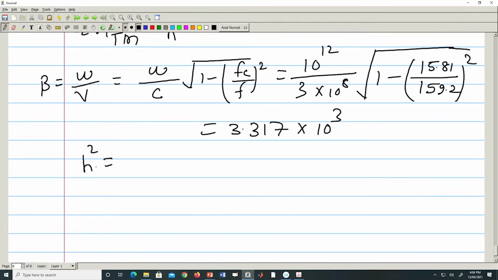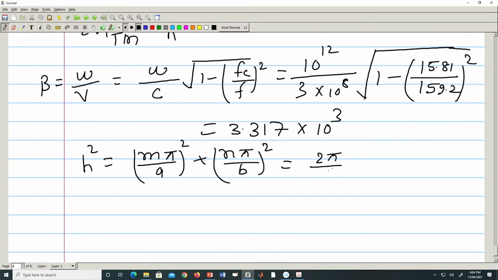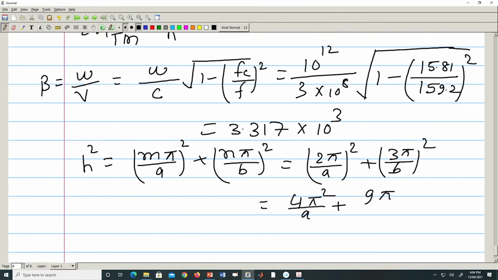And h square will be gamma square plus k square, that is equal to kx square plus ky square, that is equal to m pi by a whole square plus n pi by b whole square. This will be 2 pi by a whole square plus 3 pi by b whole square, which gives 4 pi square by a square plus 9 pi square by b square. So, this is h square.